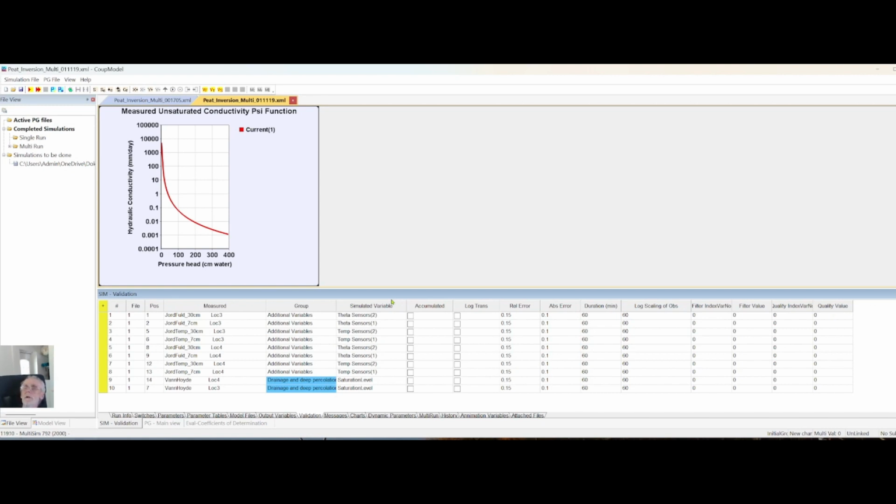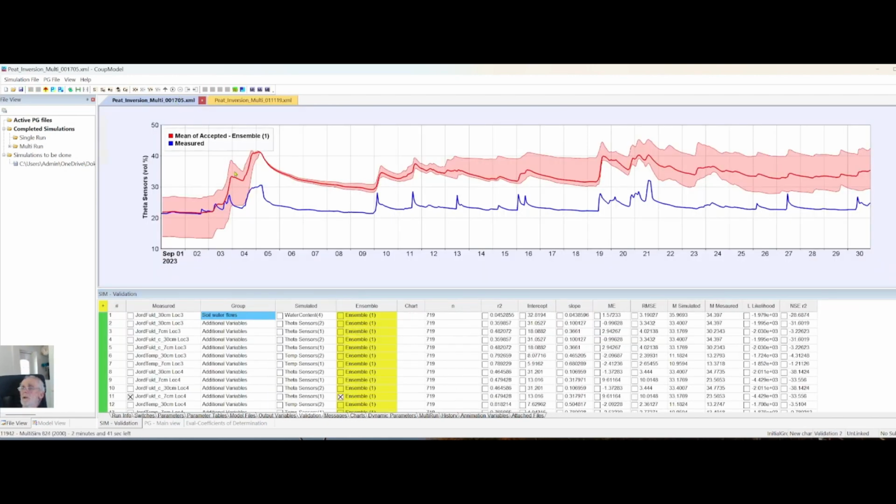We remember now that what we had in the previous run was, of course, many patterns that were not that good, but we also have to realize that we have not been looking to the real conditions. We have not been digging in the soil, we have not been taking any samples. We are just playing with those properties, and then we try to tune the model to more realistic behavior.